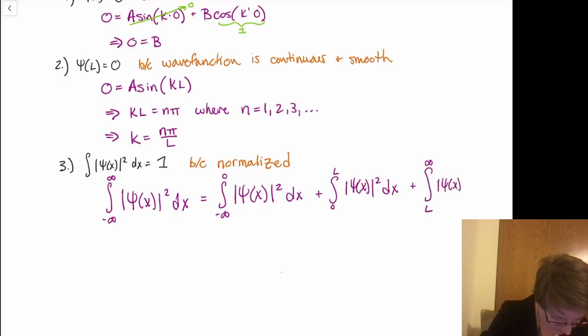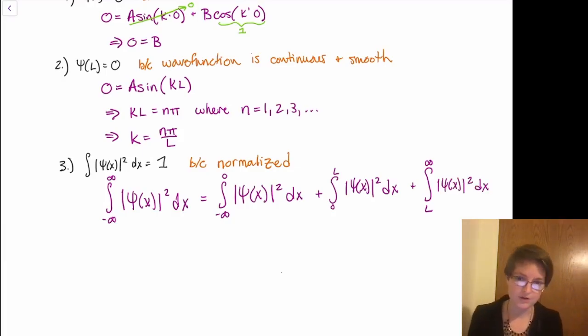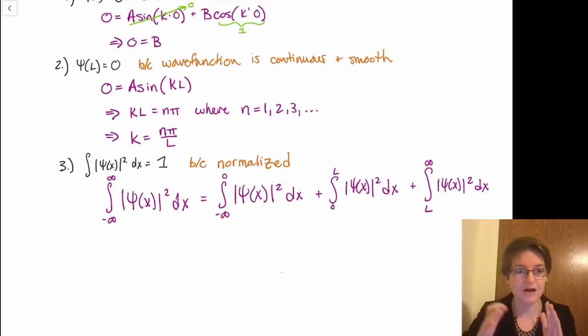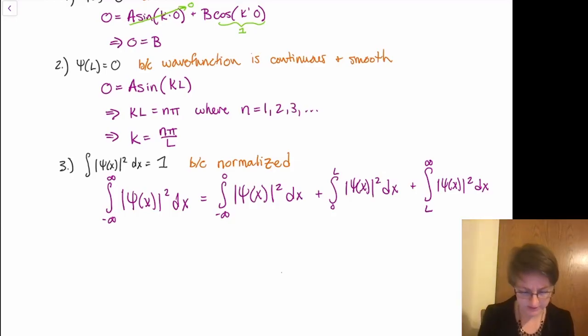So I haven't done anything super interesting just yet, other than employing a theorem from mathematics that if you have an integral over a large range, it's the same thing as splitting that integral into a sum of ranges that give the same overall range. Between negative infinity and 0, psi of x is equal to 0.